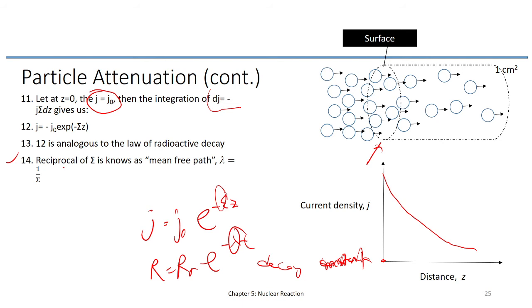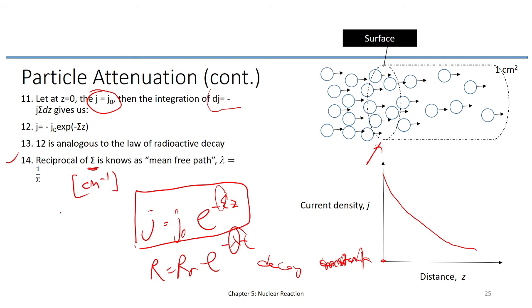In the particle attenuation equation, uppercase sigma is the macroscopic cross section. We know it has the unit of reciprocal centimeter.